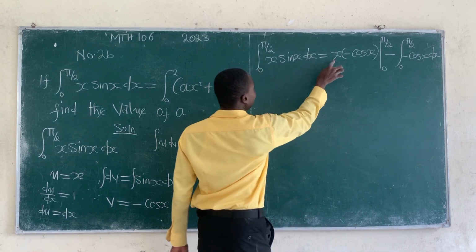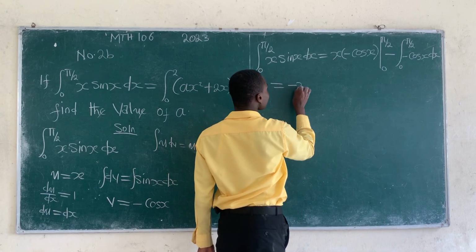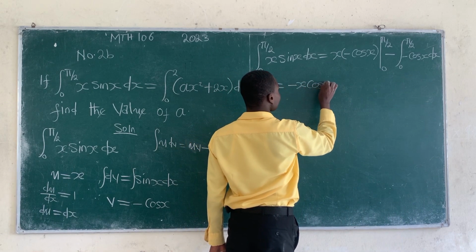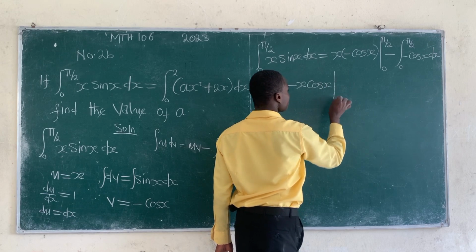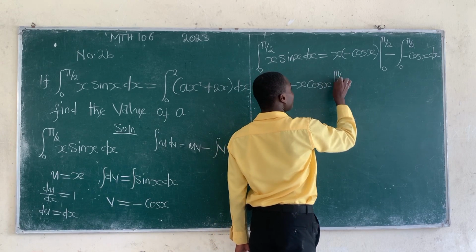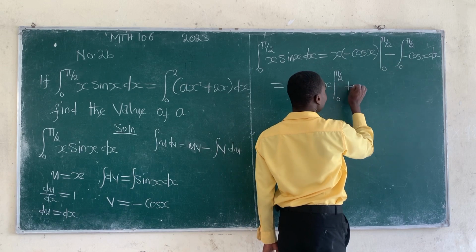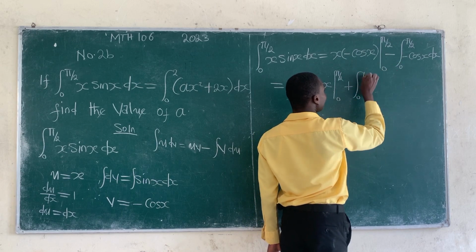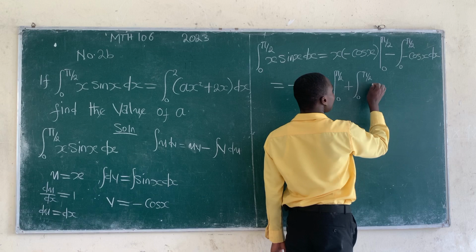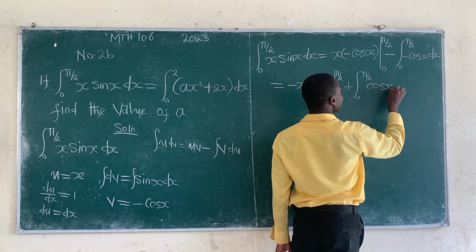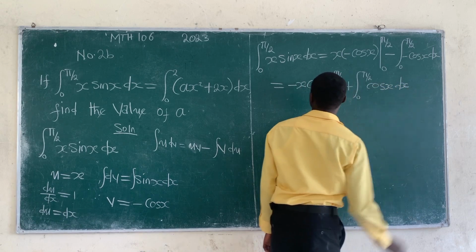So what we have here is minus x cos x from 0 to pi over 2, minus minus gives plus, the integral from 0 to pi over 2 of cos x dx.